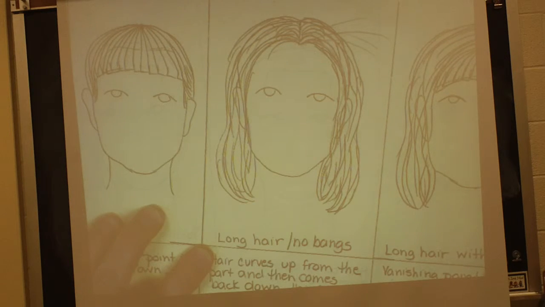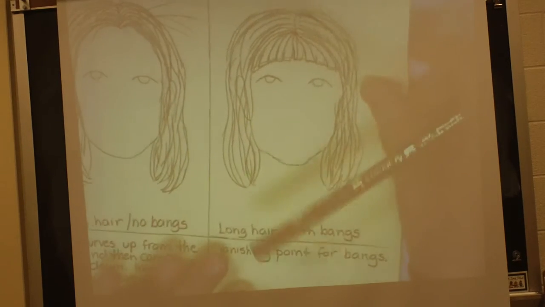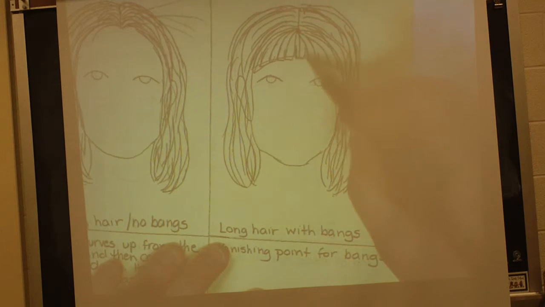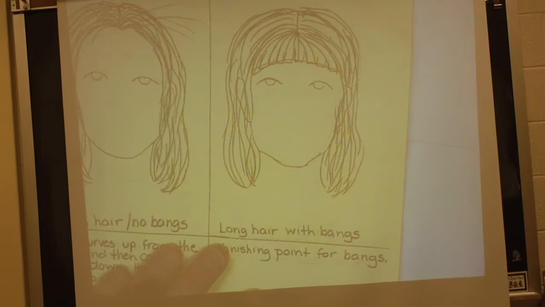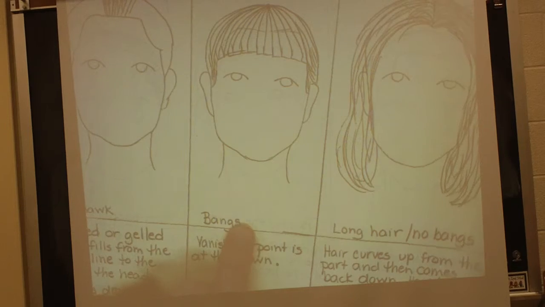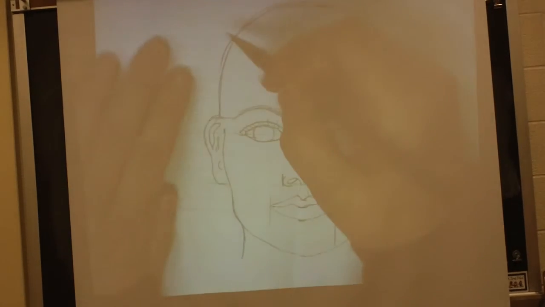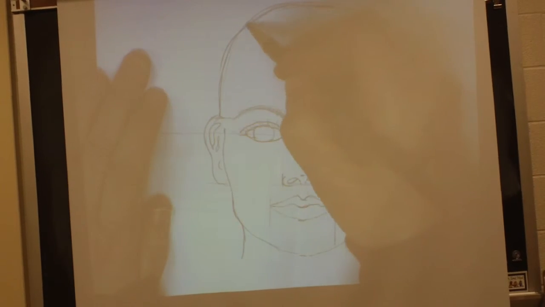Okay? And then bangs with long hair, vanishing point right here at the hairline for the bangs. So what I want you to do is find the hairstyle closest to what yours is and put it on this person. Yes, sir. The closest one would probably be the bangs one. Okay. And one more thing, when you're doing your hair, it doesn't just stop here.